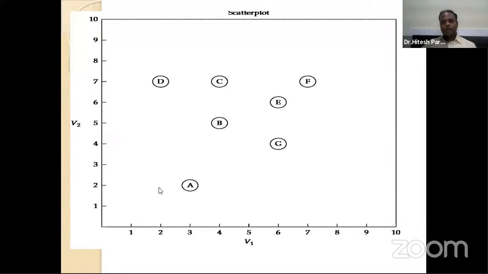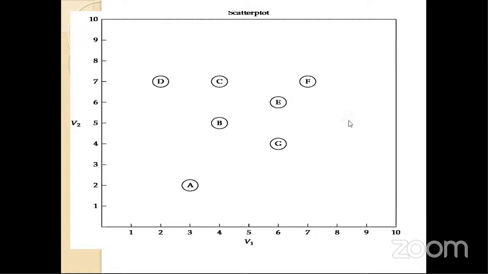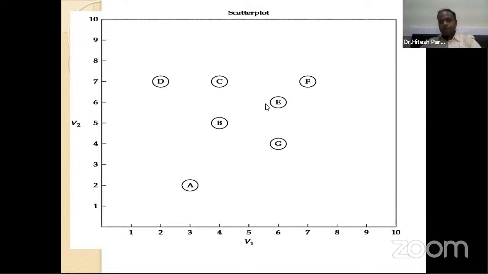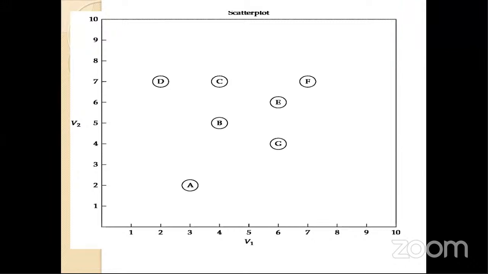Again, I am going back. Can you tell me which two observations are very near to each other? So E and F. E and F are very near to each other. And which respondents are very far from each other? A and G. A and G, okay.